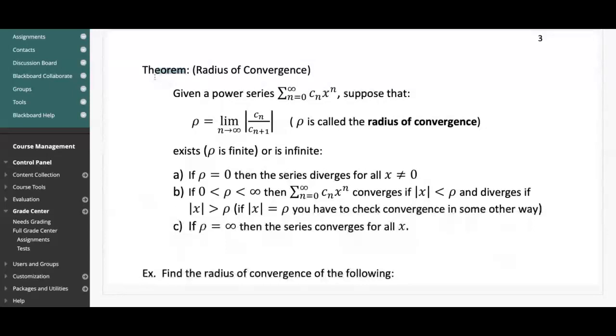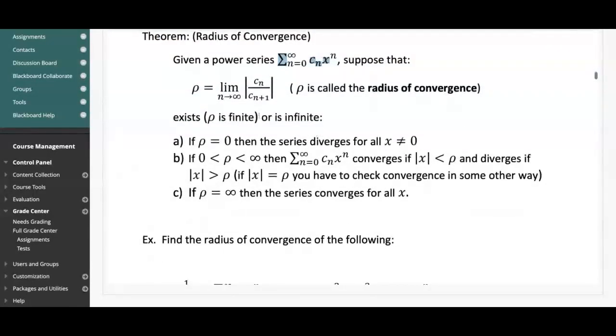Let's try this theorem, radius of convergence, calculus 2 course. So we have this power series, right? I suppose this rho, we call rho the radius of convergence. We don't really need this rho, but just for convenience.